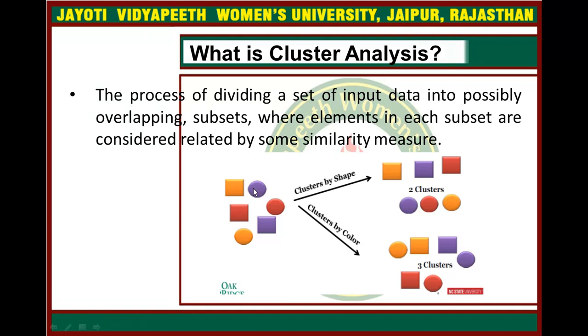Some are square, some are oval, and of different colors. So cluster by shape, you can see these are the squares. So we can distinguish accordingly to the shape. If we are clustering according to the color, then you can see here that these two oranges are of different shades, but as per the color we put it into a cluster. So here we are seeing three clusters as per the color, but here as per the size we are seeing that there are only two clusters.